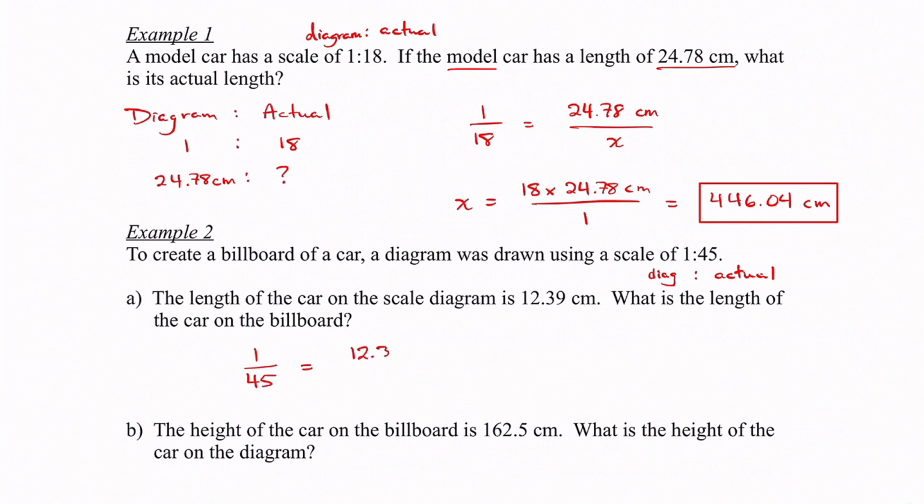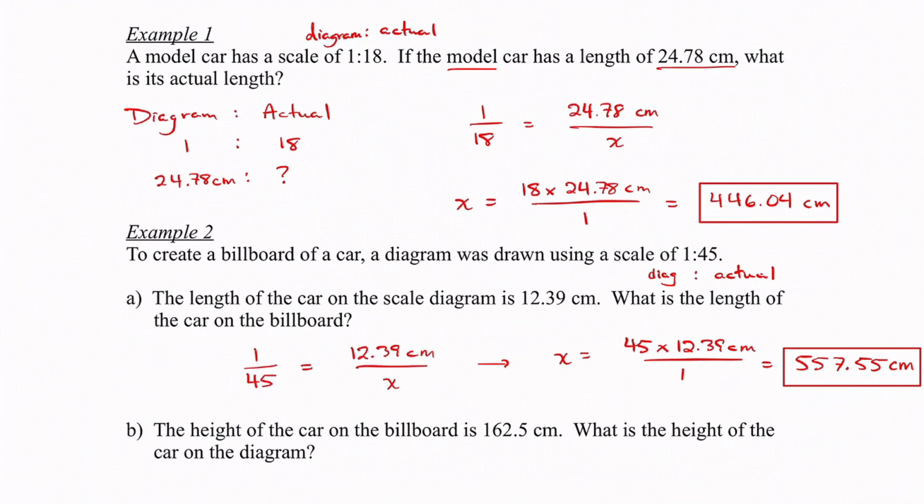So it's going to be 12.39 centimeters divided by, don't know what this is, so I can just put an x. And then to solve for that missing spot, x is going to be equal to, cross multiply, so I got 45 times 12.39 centimeters, and then divide by the 1 across from the x, always at an angle like that, so divide by the 1, which won't change anything. So 45 times 12.39, that's going to give me 557.55, and then my units are centimeters.